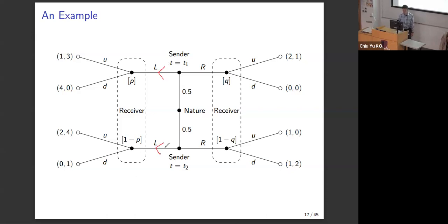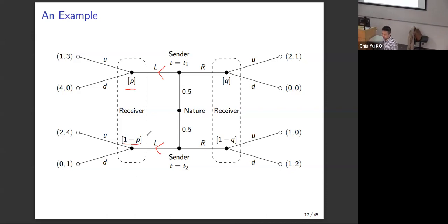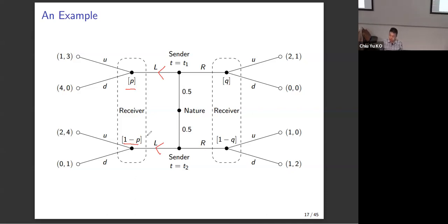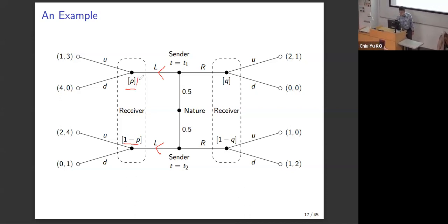When both choose L, how do you distinguish P and 1 minus P? Remember what my Bayes is: if we repeat the game many times, half of them will be type 1, half of them type 2, so you expect P to be 1/2, right? So 1/2 is here, 1/2 is there.